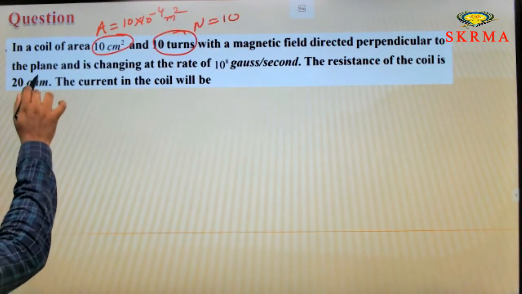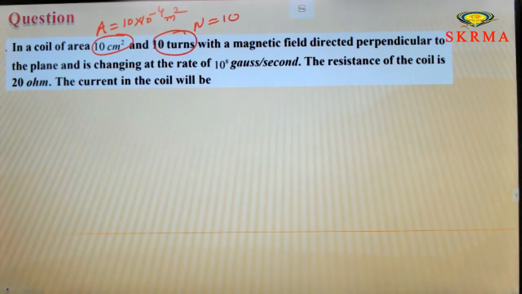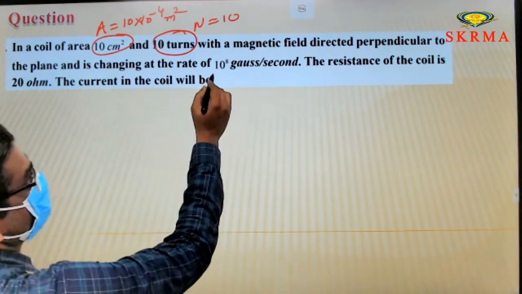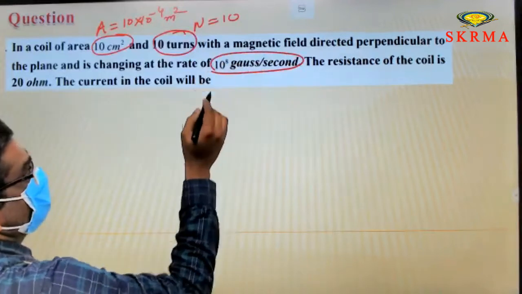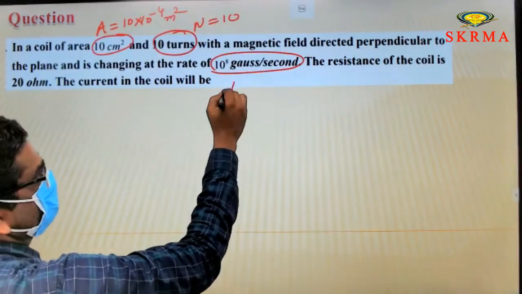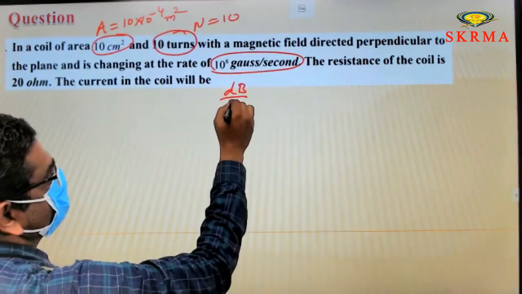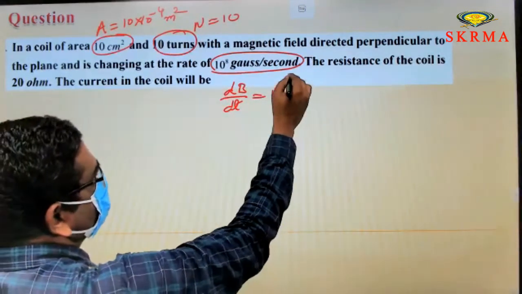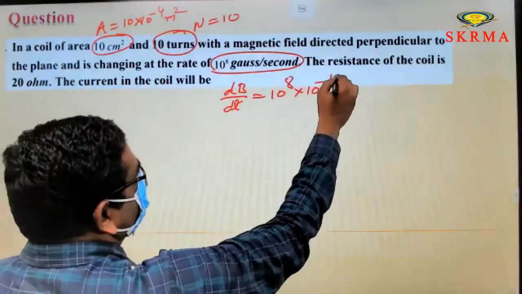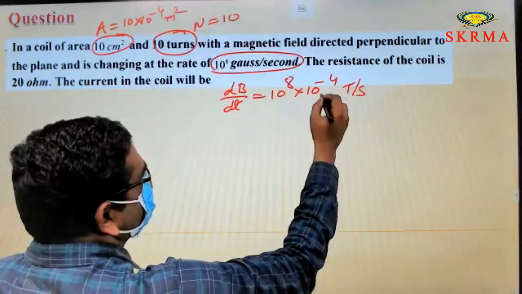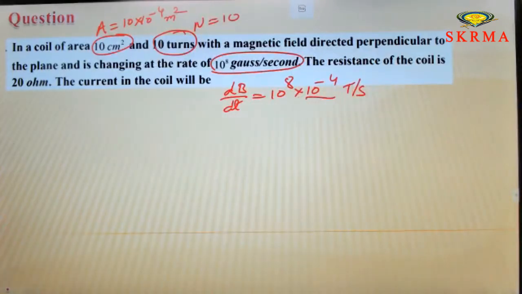Next, magnetic field directed perpendicular to the plane and changing at a rate 10 power 8 Gauss per second. That means dB by dt is given as 10 power 8 Gauss, means 10 power minus 4 Tesla per second. So to convert Gauss we need to use 10 power minus 4 also.